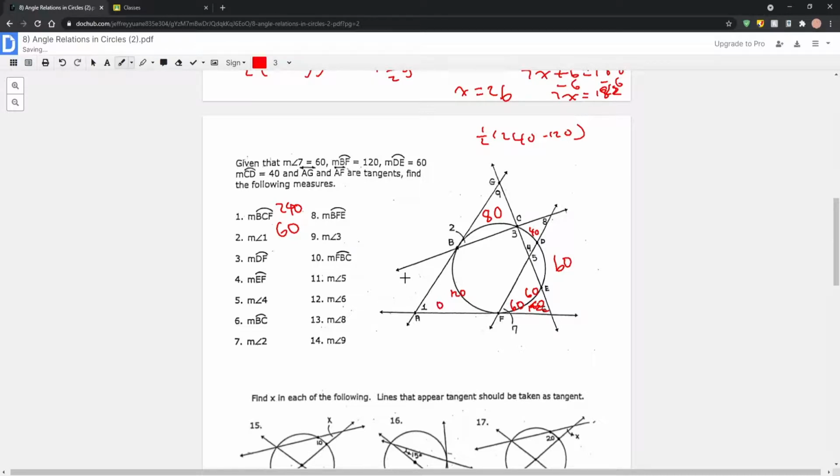Okay, so now DF. We already solved that. It's going to be 120 because you're simply using the tangent chord theorem. And then you have arc EF, which is going to be 60 as well, because remember we just solved for that before.